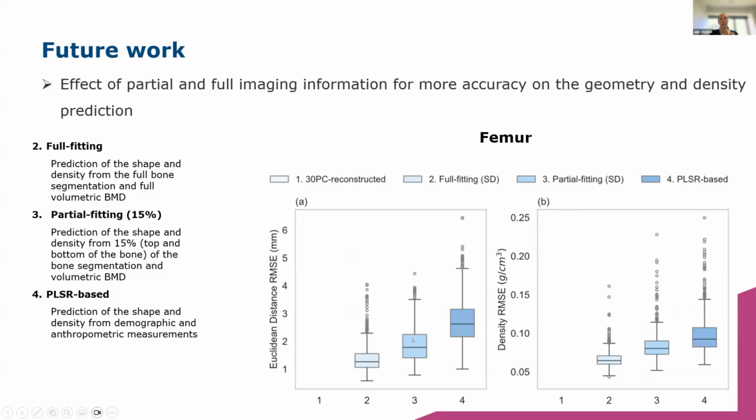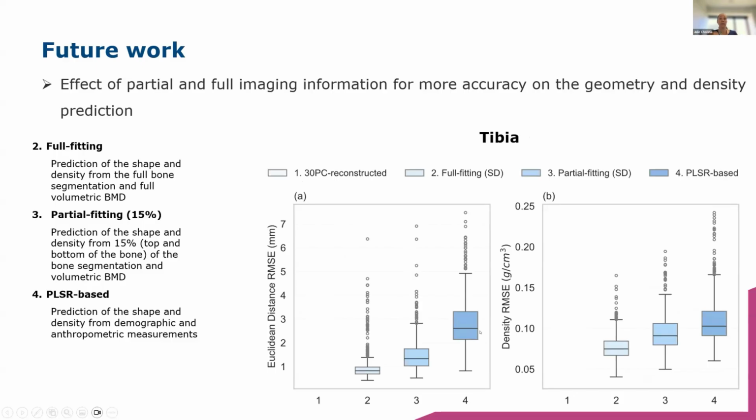The use of partial or full fitting does reduce our prediction error in terms of shape and also in terms of density in the femur. And we've seen the same trend in the tibia. So even with partial imaging, you quite drastically reduce the error.